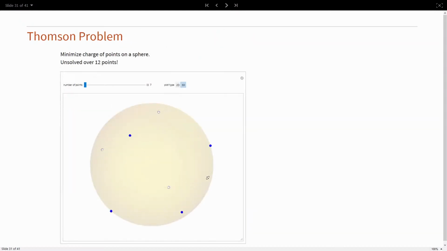Here's another unsolved problem. You have points on a sphere, and you want to find the minimal energy you can have. So here's the best known solution for 7 points. It turns out for 7 points, this is considered an unsolved problem, and it really shouldn't be.